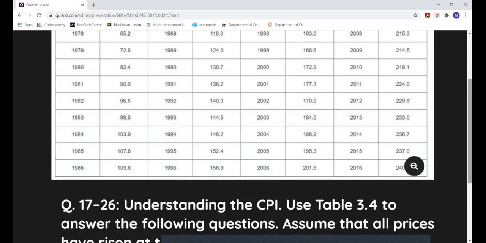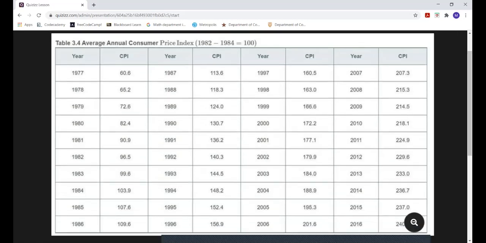And so this is the CPI. And so you should be grabbing your CPI numbers.